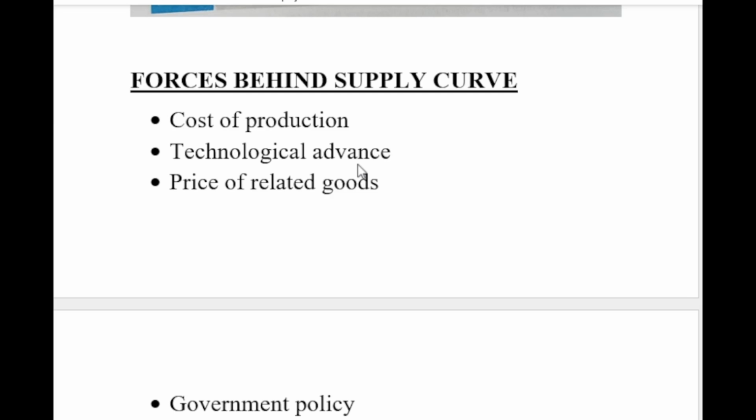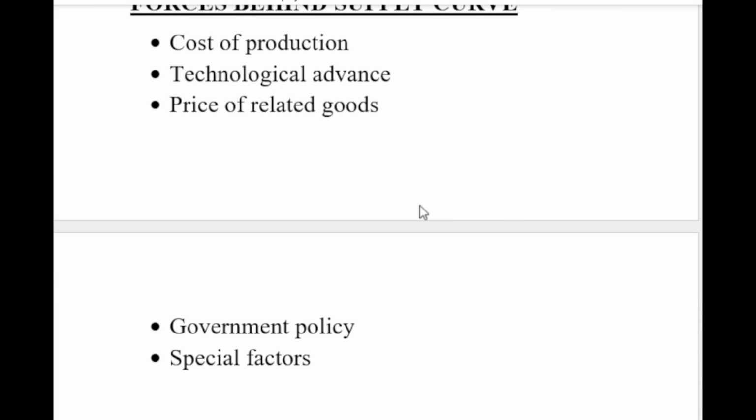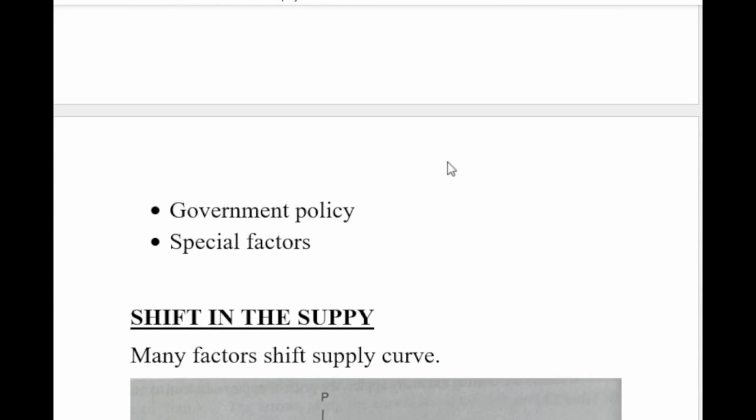So they will change their plan and increase the supply of four-wheelers. So the price of related goods affects the supply, shifting it rightward, from left to right.